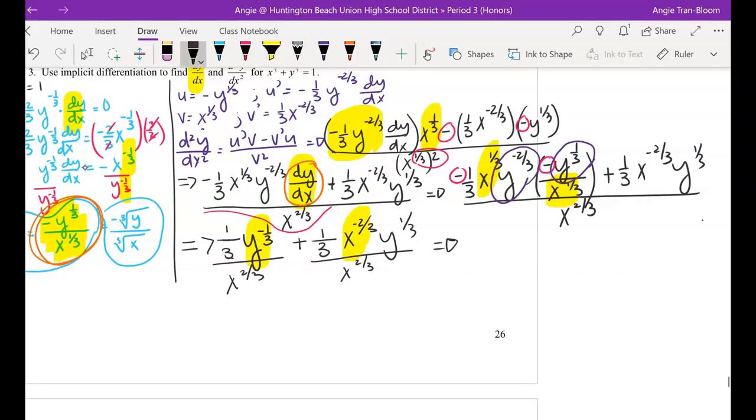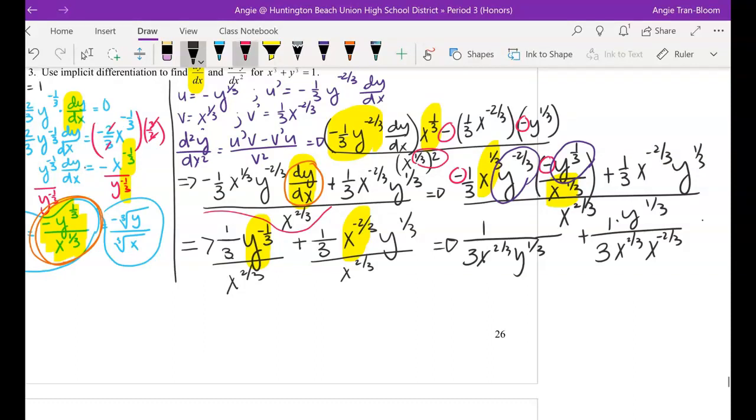So here's the next step. 1/3, x to the 2/3. I'm going to bring y to the bottom to make it positive, plus 1/, the 3's on the bottom, x to the 2/3 on the bottom, bring out the other negative to the 2/3, and then y to the 1/3 on the top. So that's what I now have, okay?